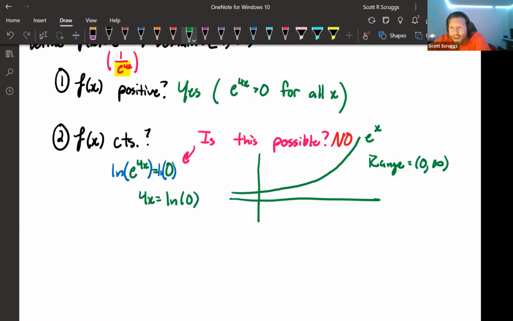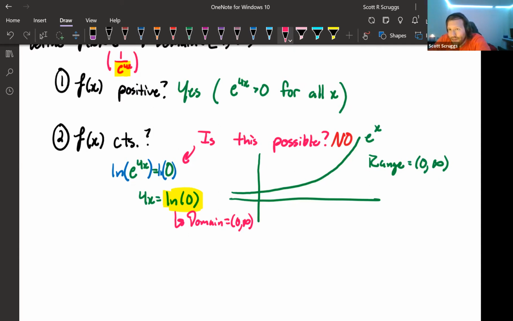Which means on the right-hand side, I would have natural log of 0. Well, that's a very big issue because the domain of the natural log is all positive numbers.